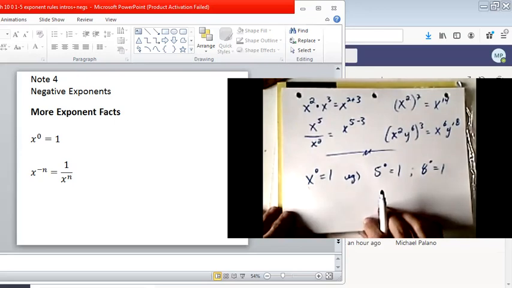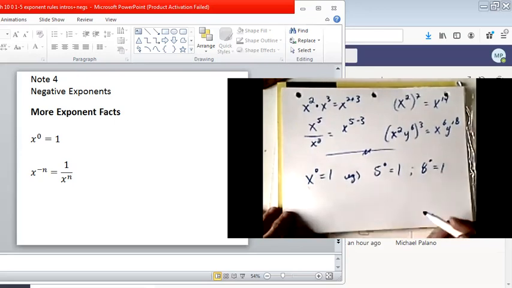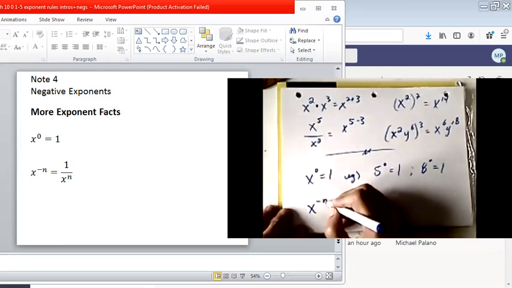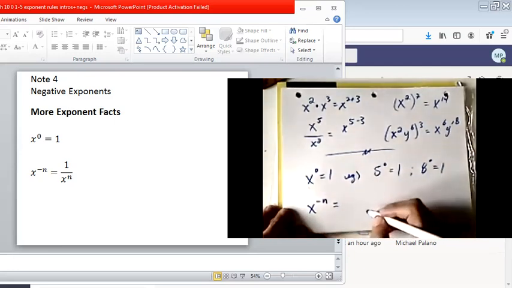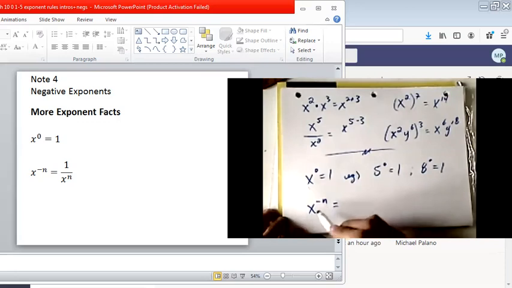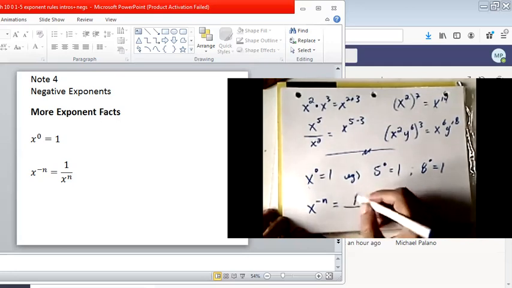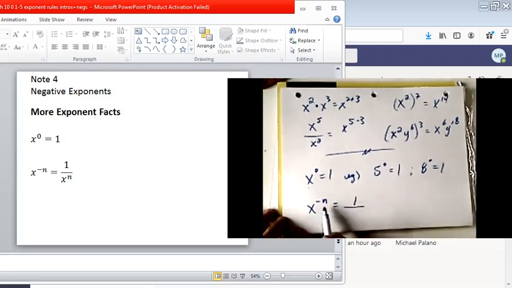This next fact here is that when you have a negative in the exponent, and if you move this base down to the bottom, the exponent stays the same. Stays as whatever is there. You can see that over on the left.